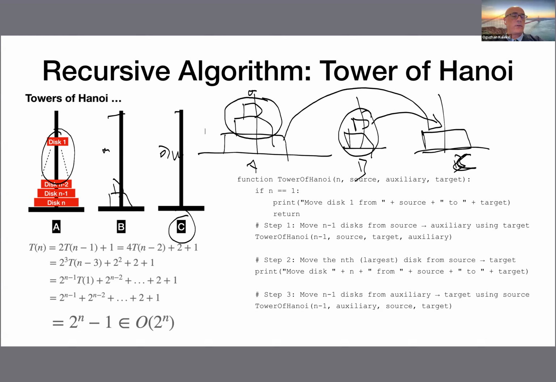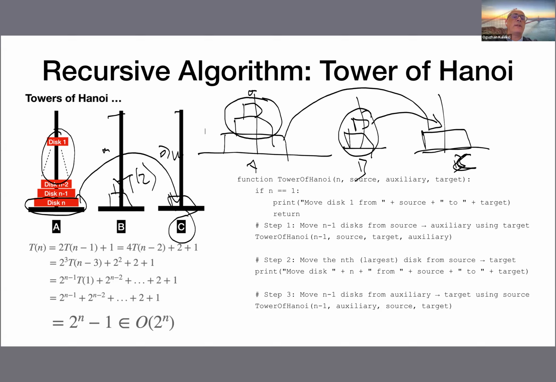Once I do this, with how many steps? T2 steps. What I will need is an extra step to move the large disk from here to here, right? Good. And what else? Now I have the large disk here and 2 disks here.